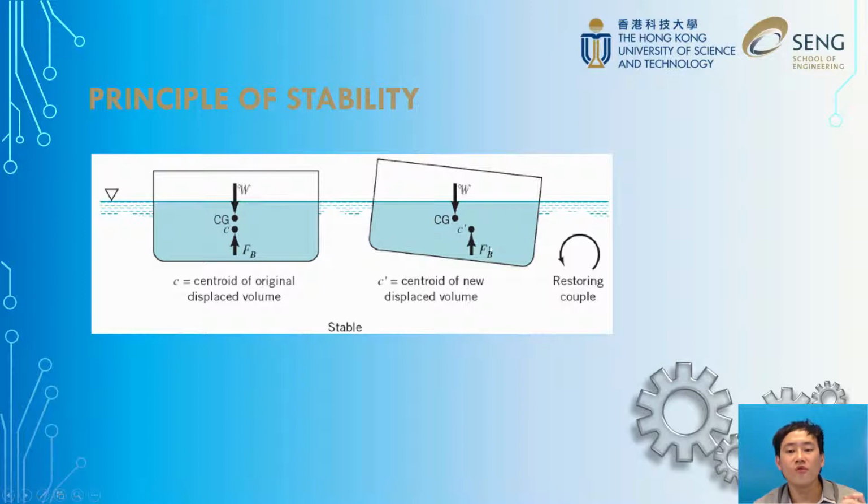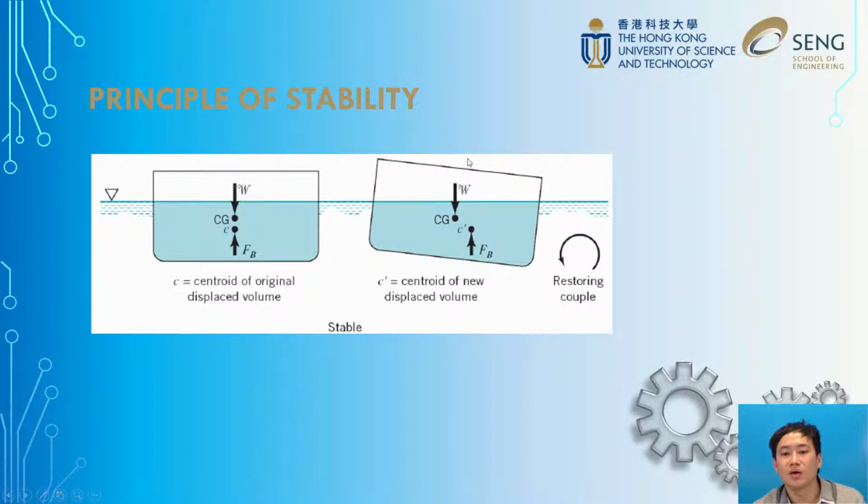So we have more fluid on the right hand side when the ship tilts towards the right hand side. This will move the center of buoyancy. The center of buoyancy is no longer in the same position because you now have more water on the right hand side.